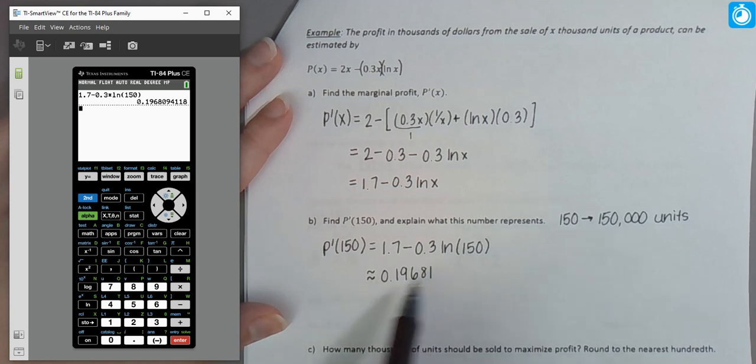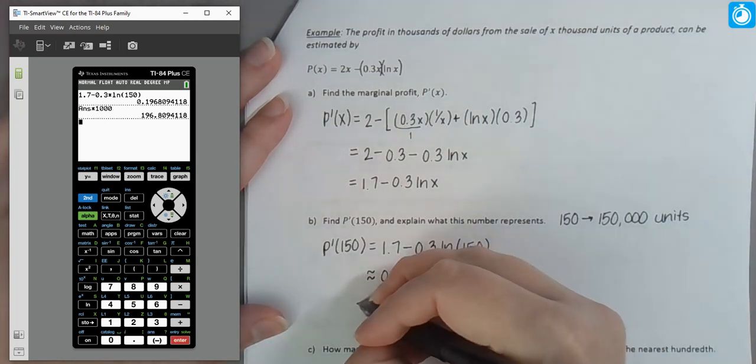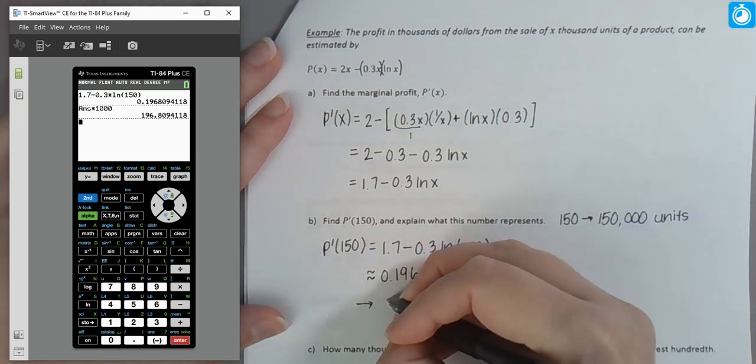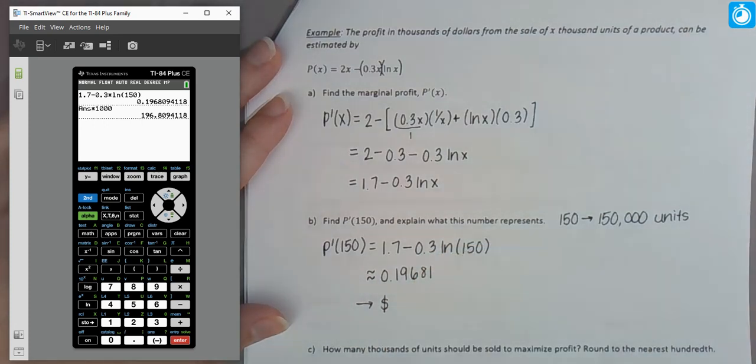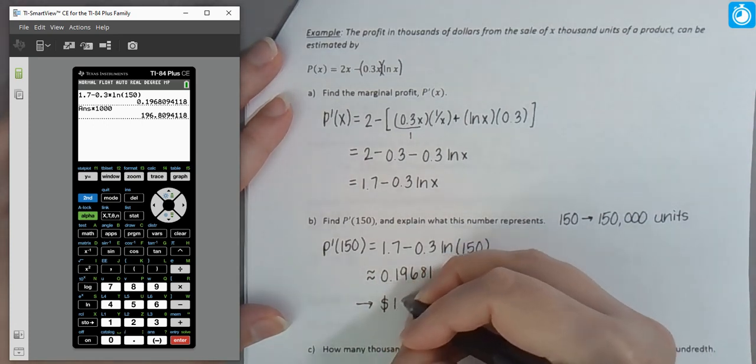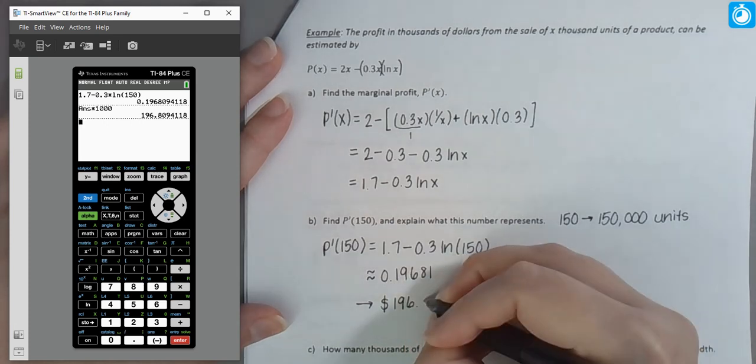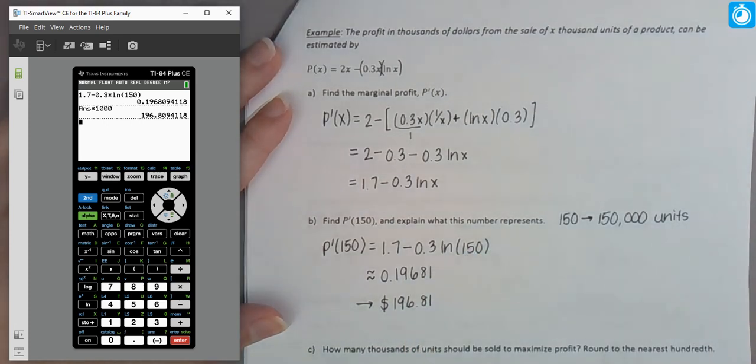So this is a value of thousands of dollars. So if we want to know what this really means, we'd multiply it by 1,000. So that really means, if we're talking about a dollar amount, $196.81.